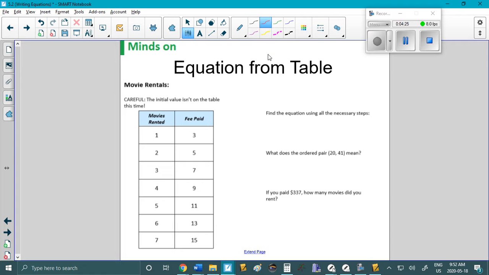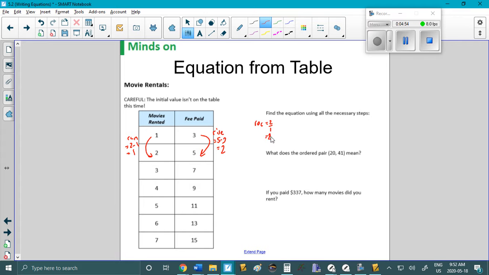So first we're going to find the equation. So we need the rate of change. So we do the rise, and that's going to equal 5 minus 3, which is going to be 2. And then we'll do the run, which is going to be 2 minus 1 equals 1. So the rate of change equals 2 over 1, and if we divide that, we just get 2.